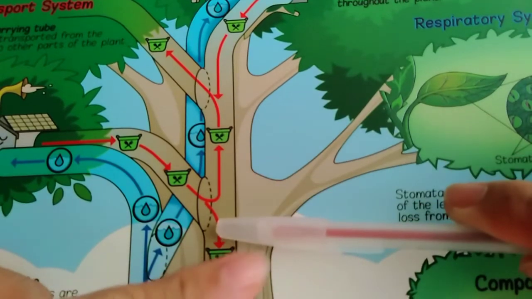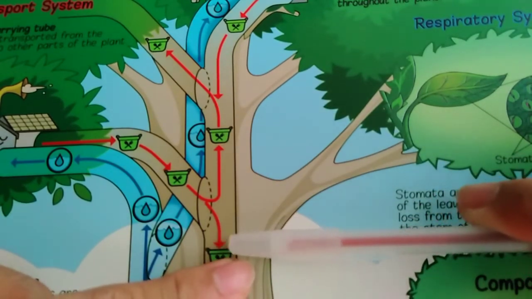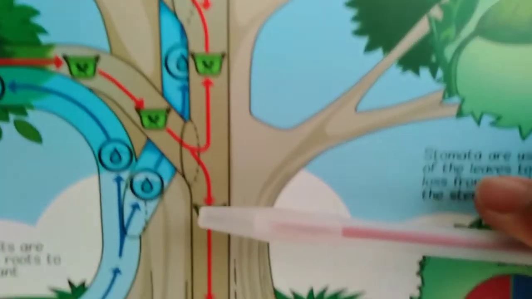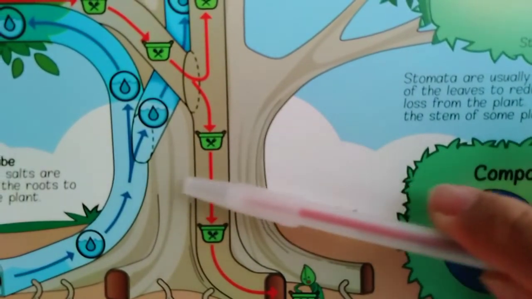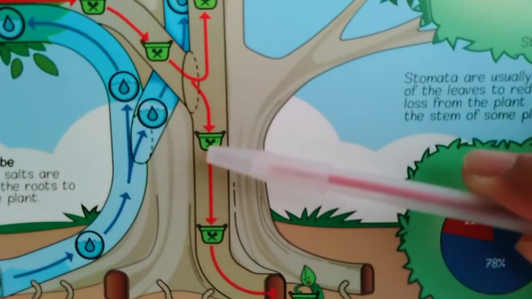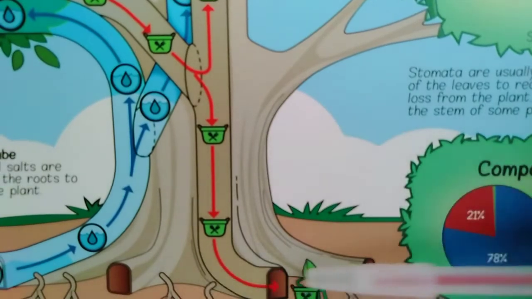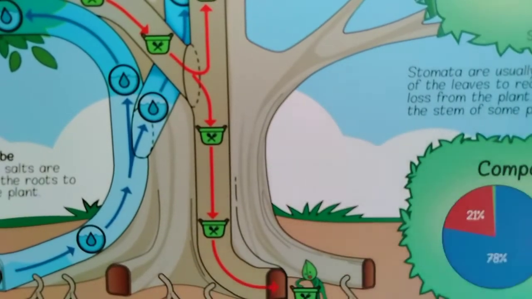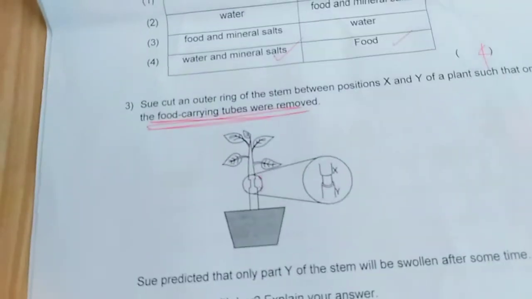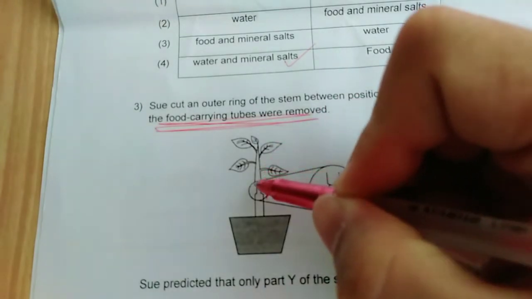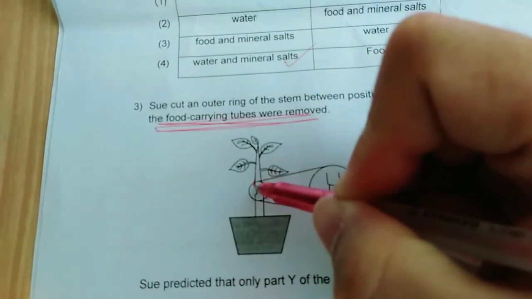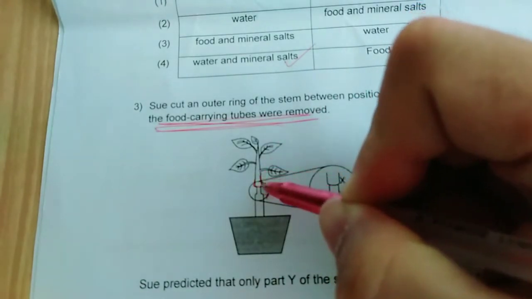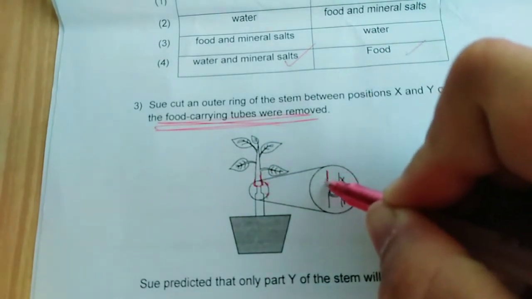Similarly, food that's made in the leaves here and here can still be transported down to this portion above this part that's cut, but then you just get stuck here because there's a gap. Then the food can't be transported further down to reach the roots and the bottom half of the plant, which is what's happening here. Okay, the food will just be accumulating at this portion, and this portion will start to bulge over time.